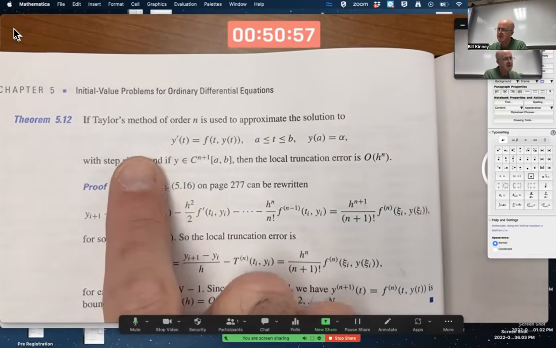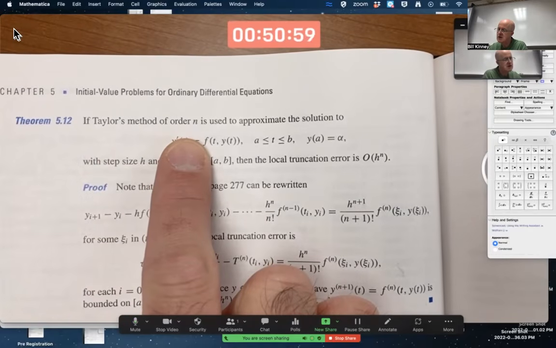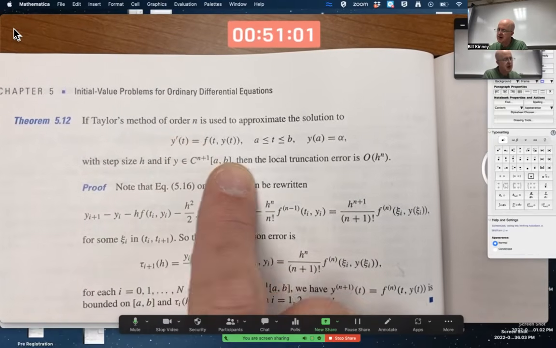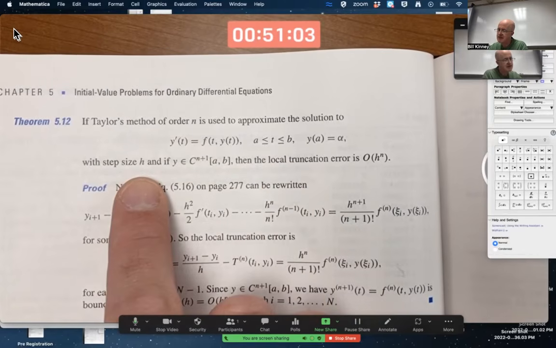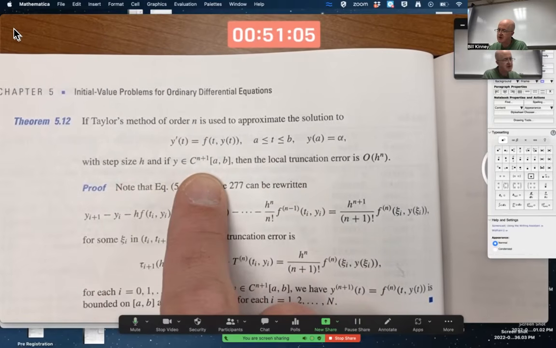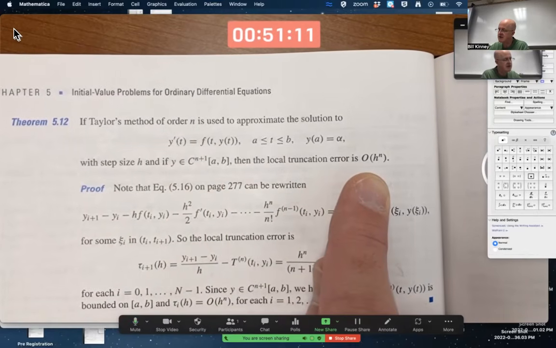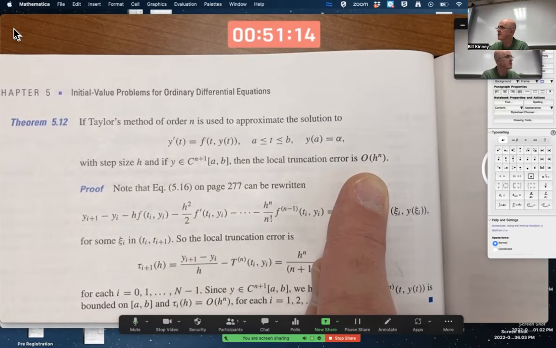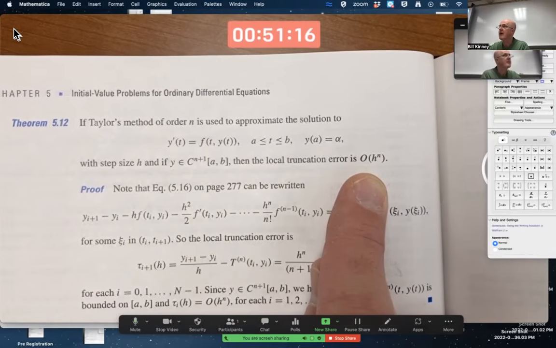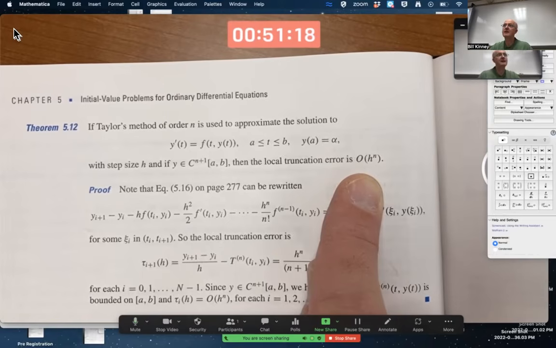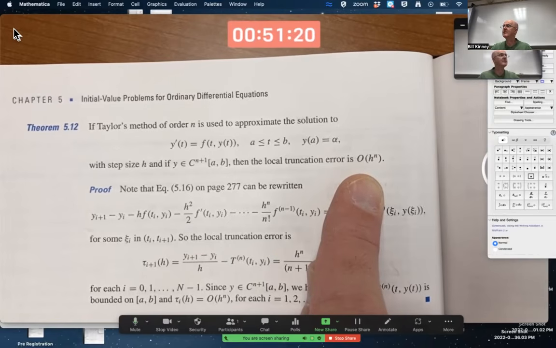We talked last time about the Taylor method of order 2, used to approximate the solution with step size h when your solution function is sufficiently continuously differentiable, meaning just nice enough. The local truncation error is big O of h to the n. So when n is 2, that's O of h squared. That would imply that if you cut your step size h in half, your error gets cut down by a factor of 4. (1/2)^2 is 1/4.